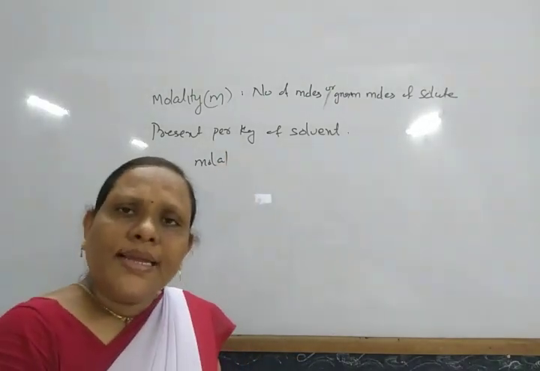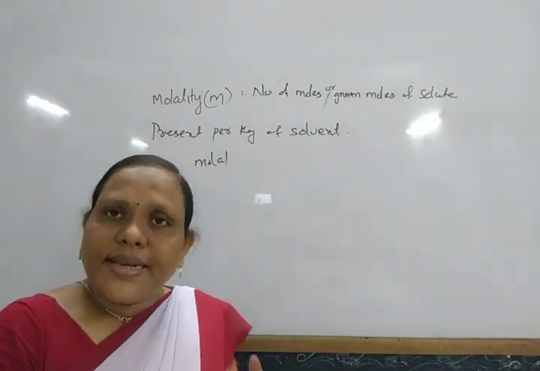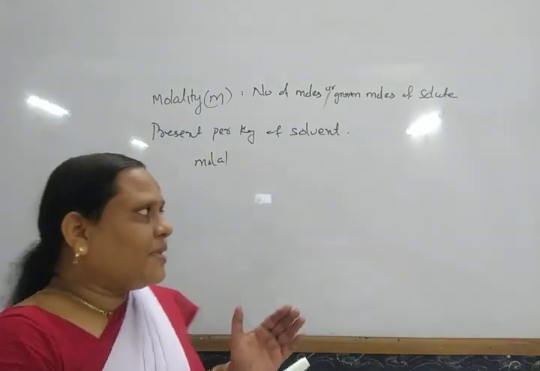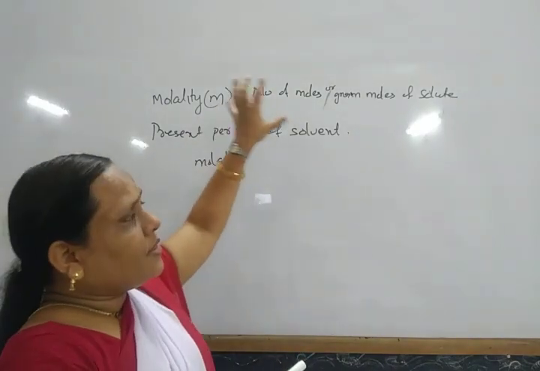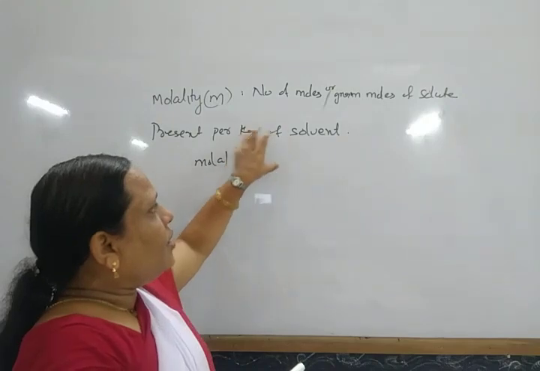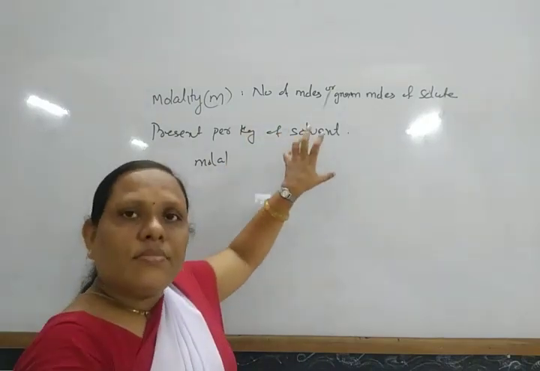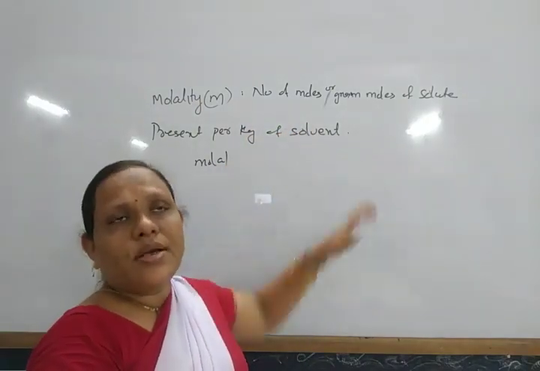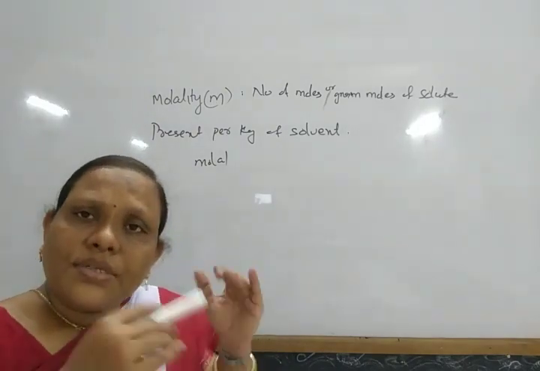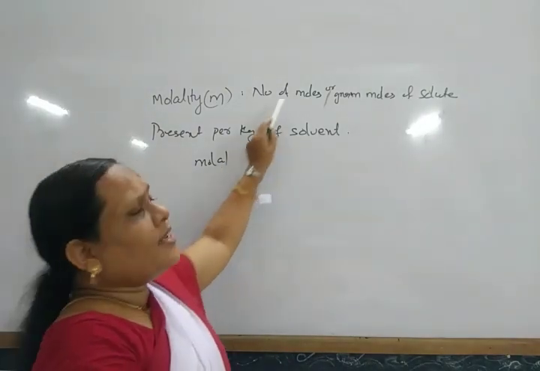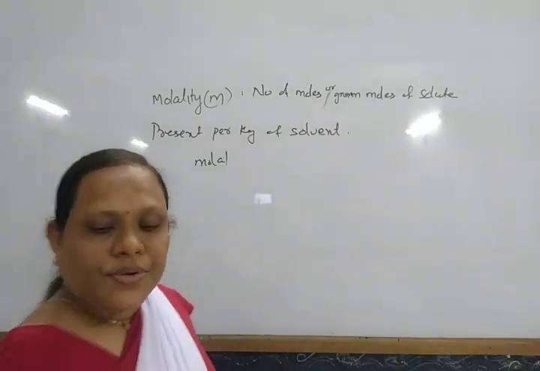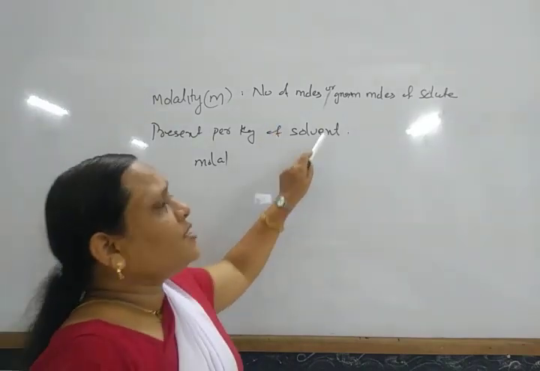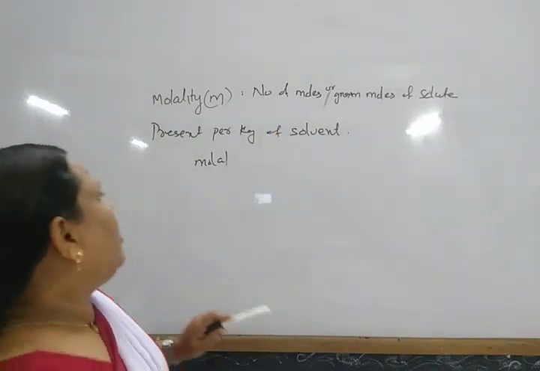In normality and molarity, generally we express the weight of solute per liter of solution. So there we are considering the solution, but here only the solvent is considered. Remember, here only the solvent is considered.